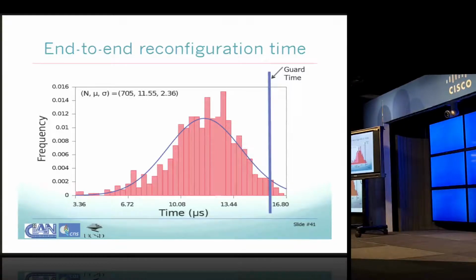That includes all of the physical delay, all the CDR lock, and what Nathan Farrington actually made this measurement with help from Alex. What they did is they actually just started blasting data out, started switching, and they started watching where the dropped packets were. And based off of the gaps in the dropped packets that they saw in the input queues to the NIC, they got this histogram of the overall switching time.